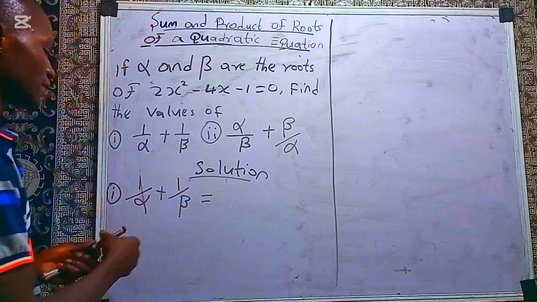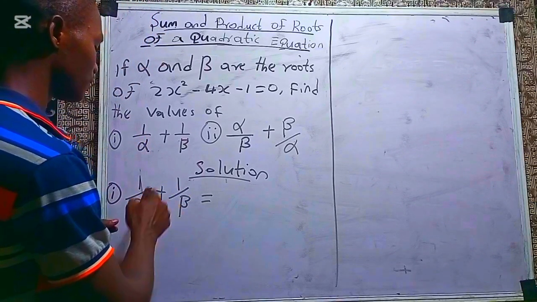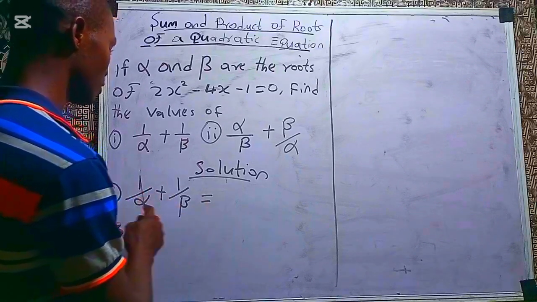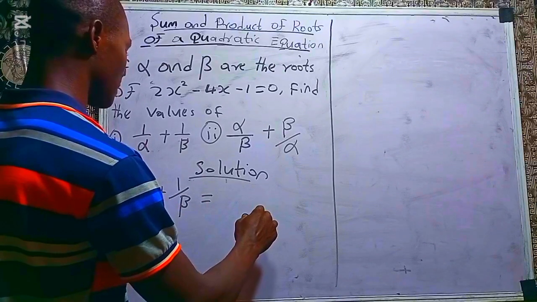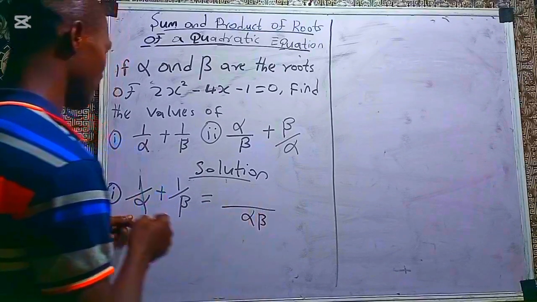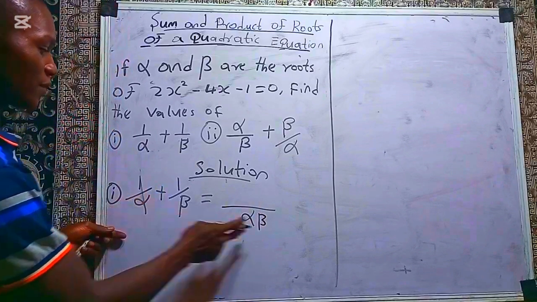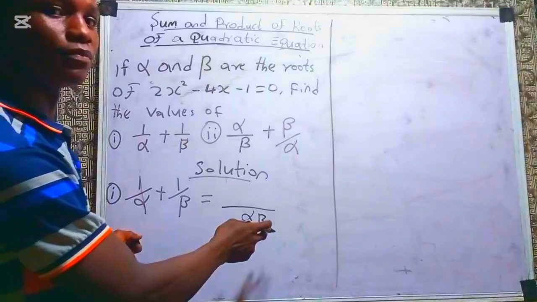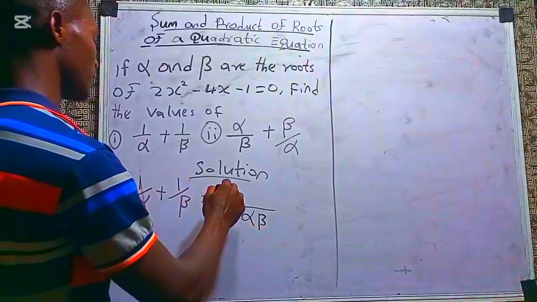So let's find the LCM of this fraction. Let's simplify this fraction. The LCM will be alpha times beta. Then if you come here, alpha divided by alpha times beta, you get beta. Times 1, you have beta.